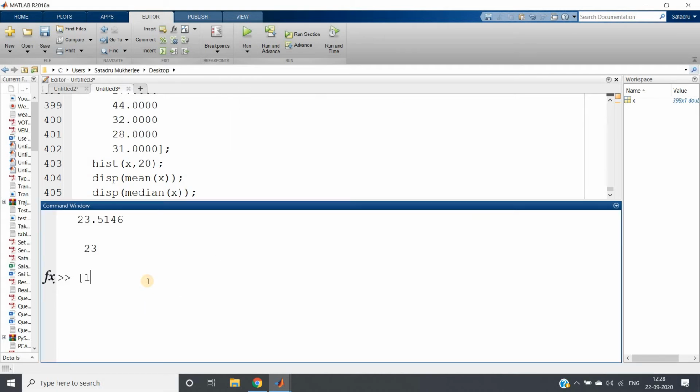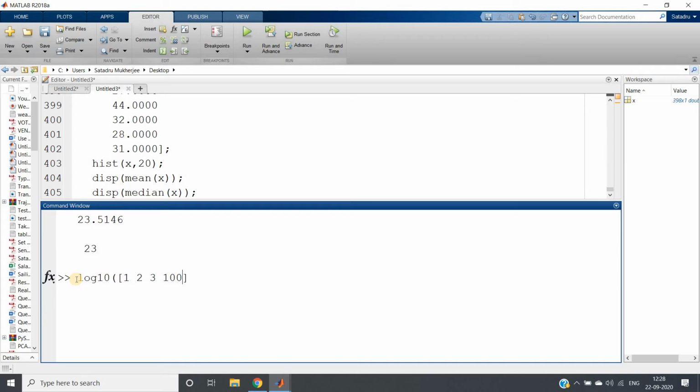Suppose I have the data 1, 2, 3 and 100. We need to apply a transformation which will not change the smaller values much but will decrease the values that are high. Decrease this 100 value. So what we can do is just apply log 10.